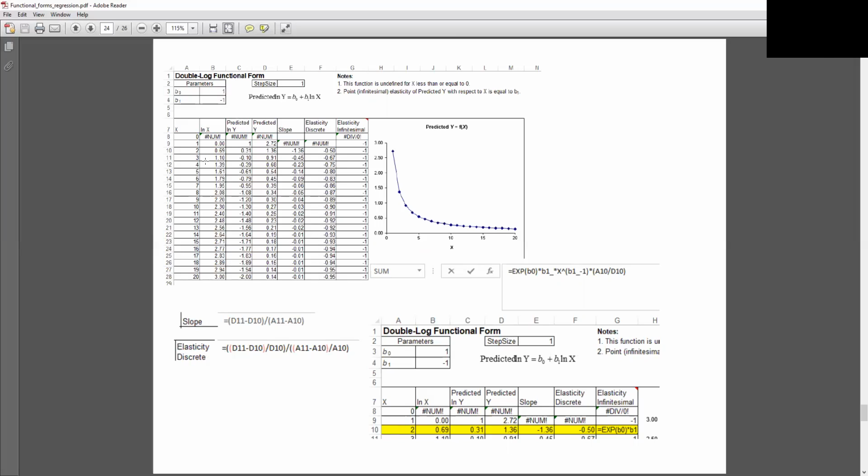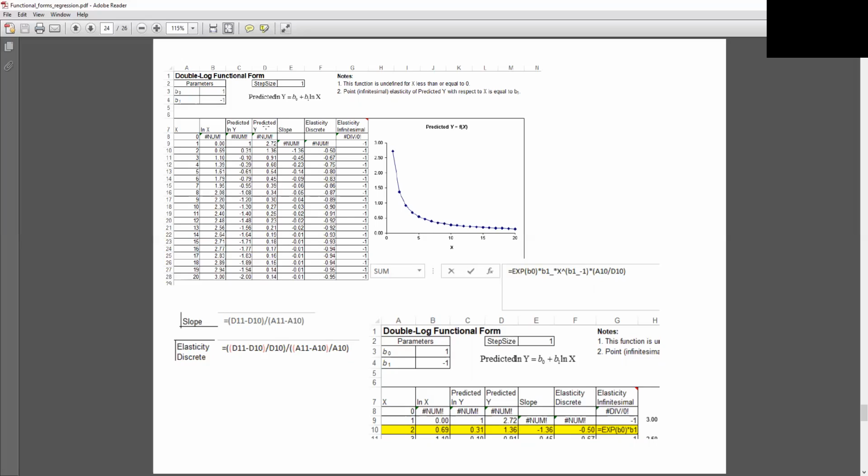You can find the percentage change, but here you have to get one thing. The important thing over here is, apart from getting predicted log y, you have to go for predicted y. Here what is important is you have to find predicted y.